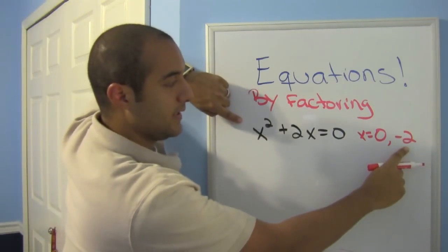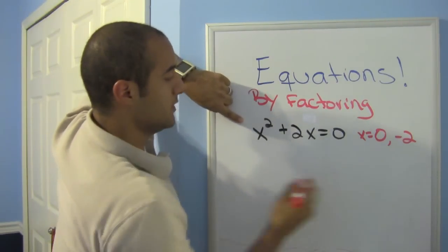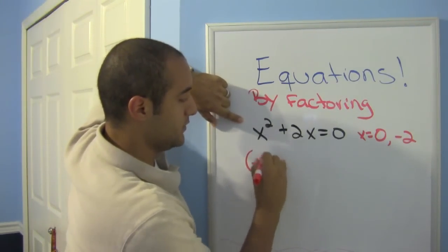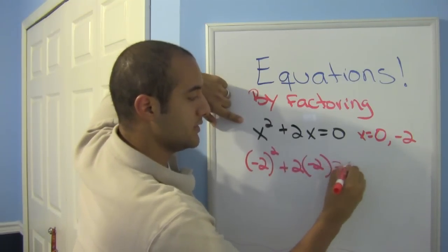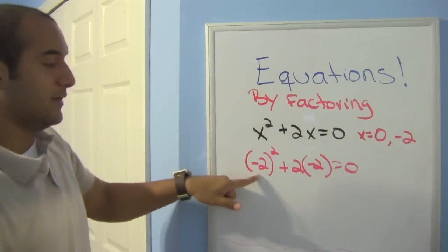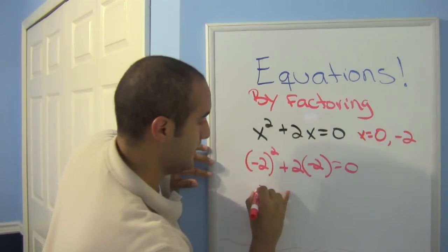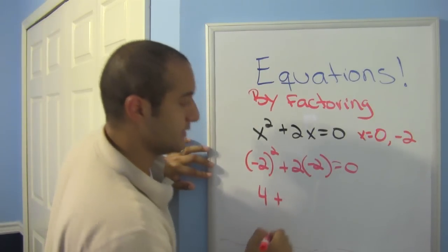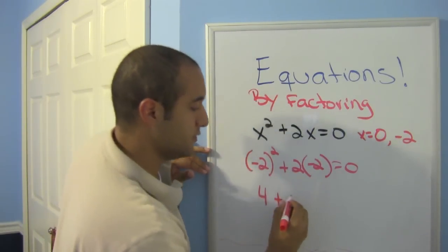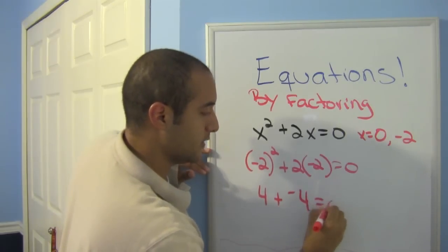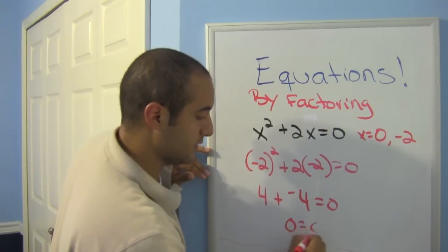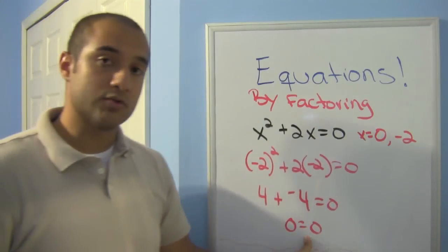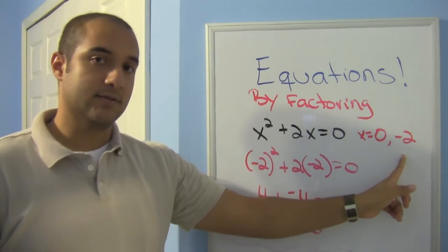Here I'm saying that x is negative 2. So, negative 2 squared plus 2 times negative 2 is negative 4 equal to 0. 4 plus negative 4, well, that's 0 equal to 0, which is also true, so this is our second answer.